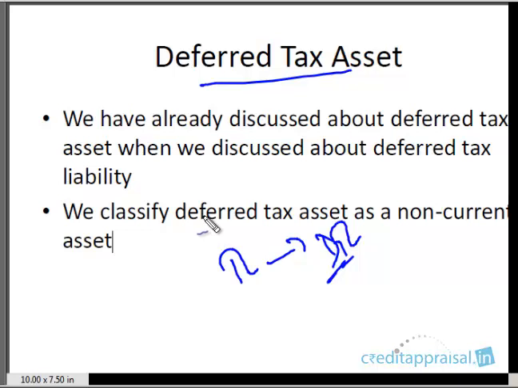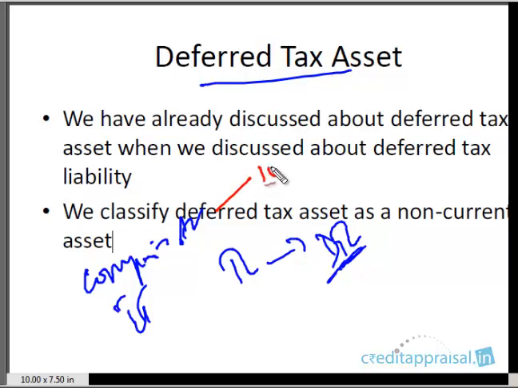So the example we considered in this segment on deferred tax liability: the company maintains two books of accounts, say one as per the Companies Act and one as per the IT Act. Say the tax payable as per the Companies Act is 10 lakhs, but the IT authorities have said you pay only 8 lakhs.